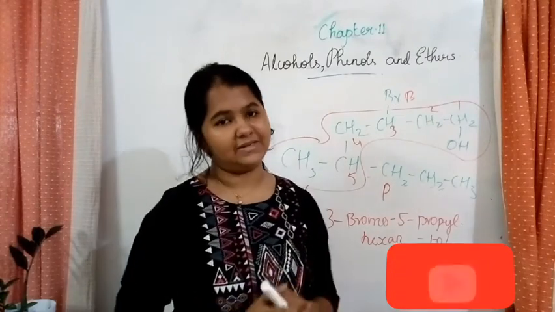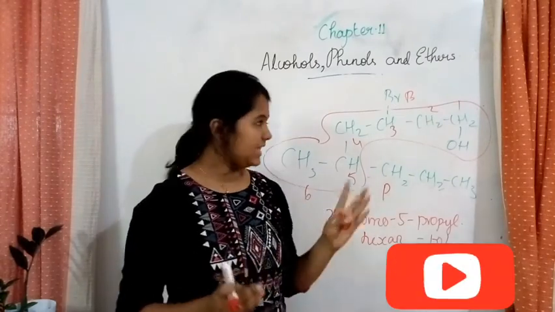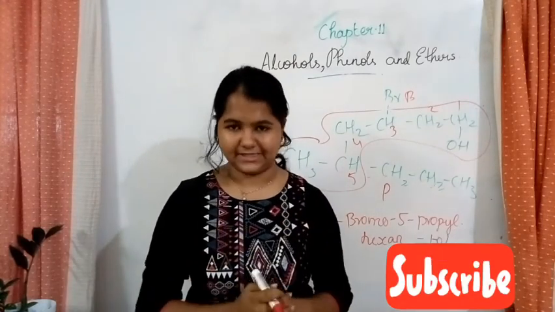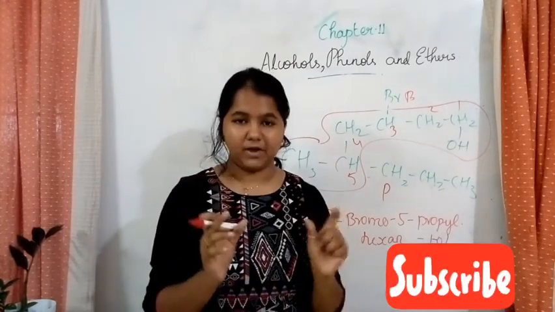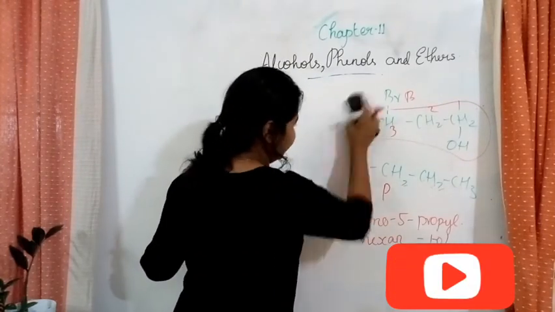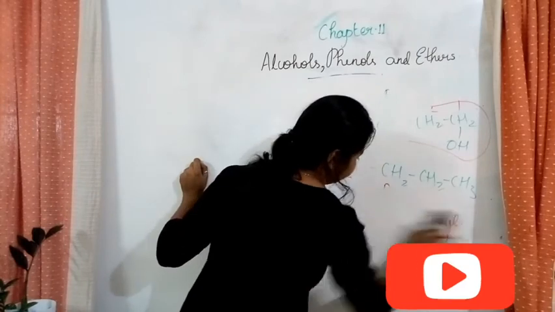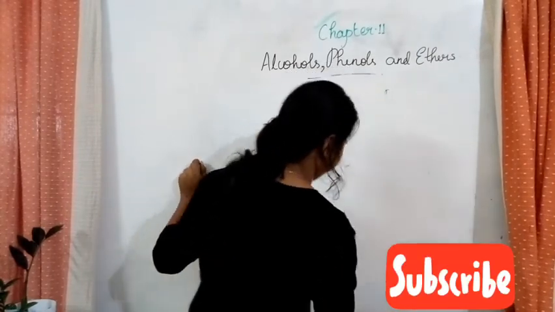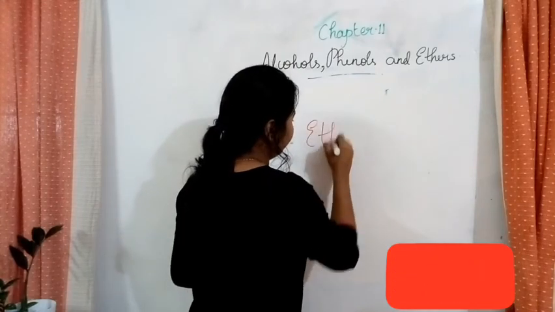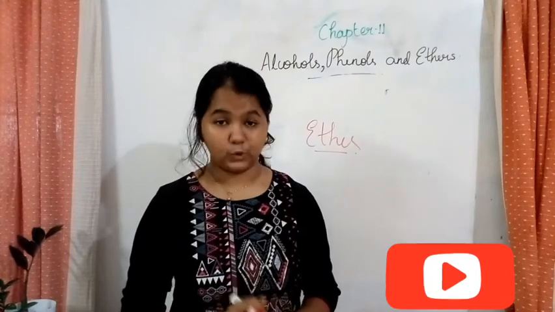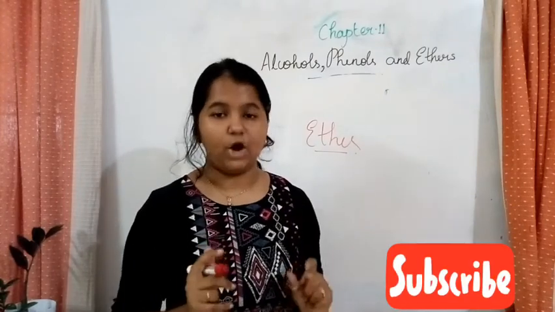So I hope nomenclature is clear to you. Next we will be dealing with ethers. So I'll just give you what is an ether, how do you represent an ether. Ether is a compound where, let's see, I'll write the compound so you might understand that. Ether has 2 alkyl groups attached to the lone pairs of oxygen.